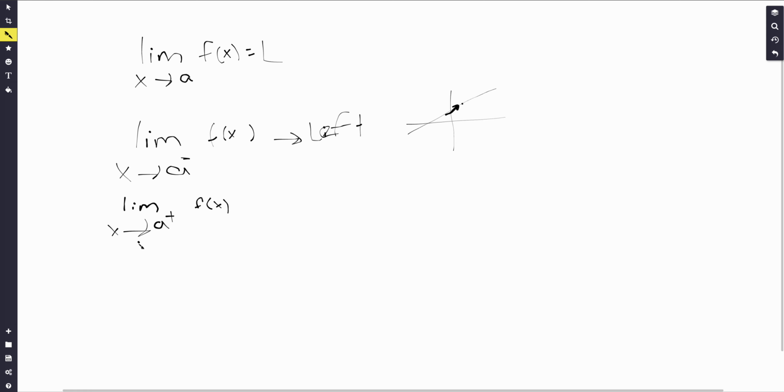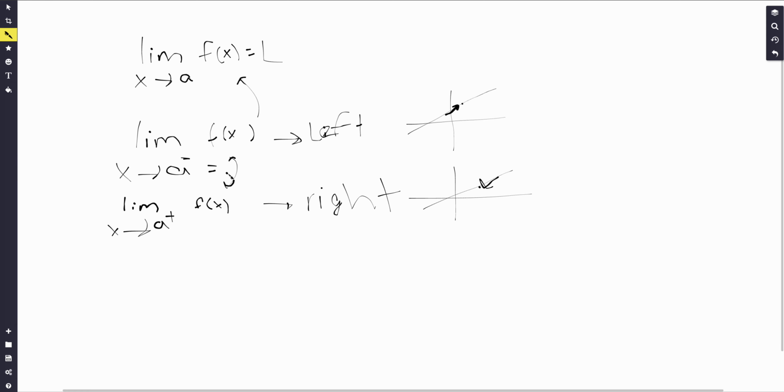So then the limit as x approaches a from the plus side shows the right side. And that would be seen maybe something like this. So you have this point again, and we'll just be approaching from the right side. If these two are equal to one another, then you can prove the one up here is true.